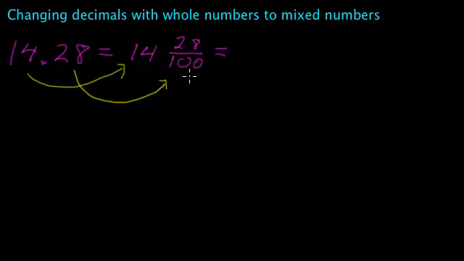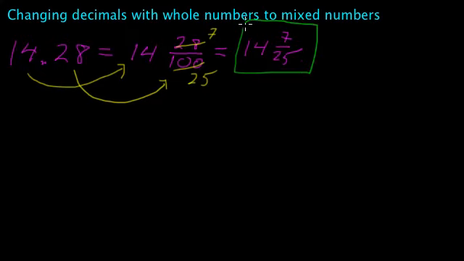So we could note the factors of 28 and 100 that are common, and for example, I can look at that and say, well, the number 4 goes into 28 7 times, and the number 4 goes into 100 25 times, and therefore 14.28 equals 14 and 28/100ths can be reduced to 14 and 7/25ths. And that is our mixed number.